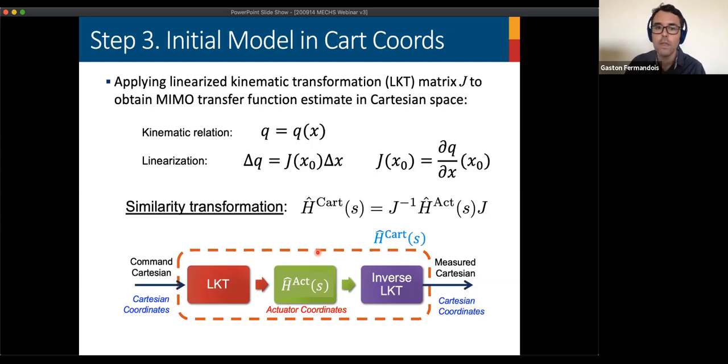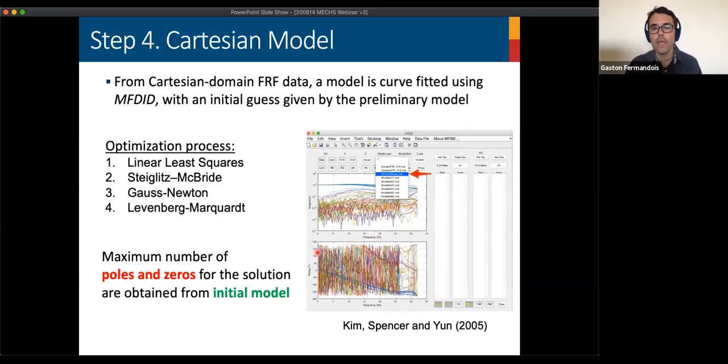In our case, we used optimization procedures that were gradient based. So after some trial and error, you can get a good estimate of your model that can be used afterwards for the model-based compensation.